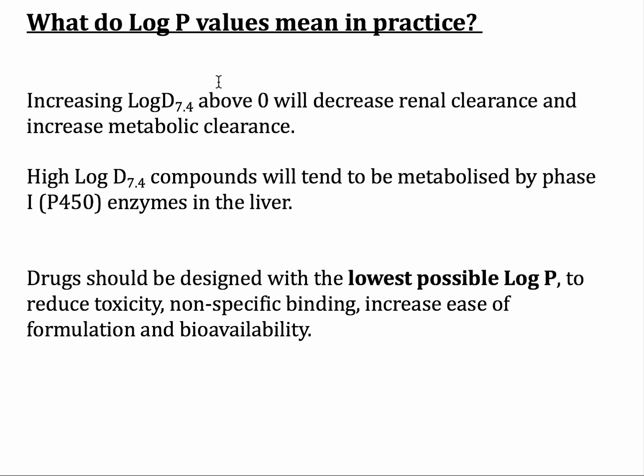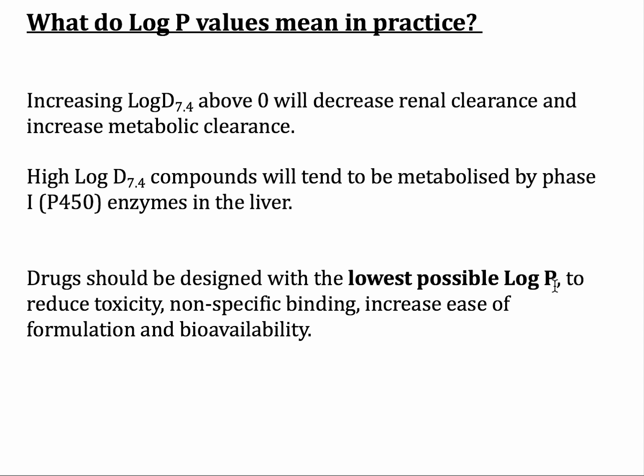So if you have a log D 7.4 that is a very high number, much higher than 2, usually your renal clearance is very low, and which means your metabolic clearance, within your plasma, is very high. So a lot of drug gets into the tissue, and this can cause toxicity.